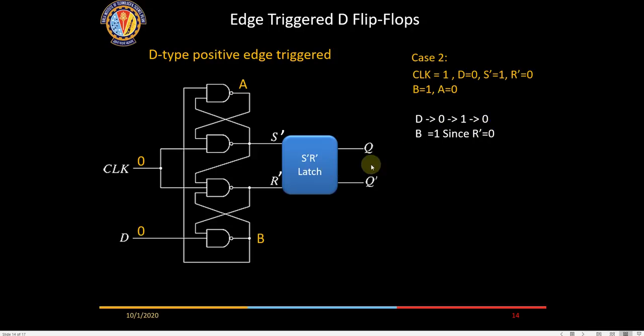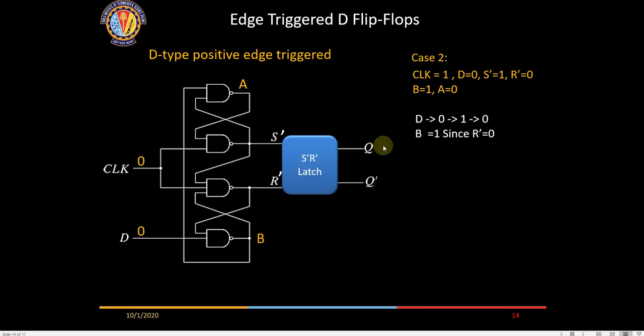Now what is happening is the clock is 1, and D is changing from 0 to 1 and 1 to 0. So D is 0, so Q is 0. Since D is changing, B remains 1 because reset bar is 0 here, because your Q is 1 initially.